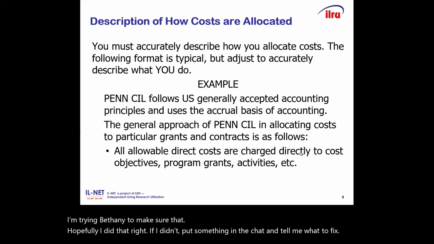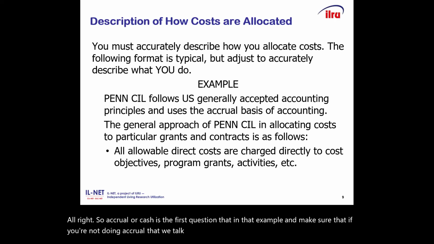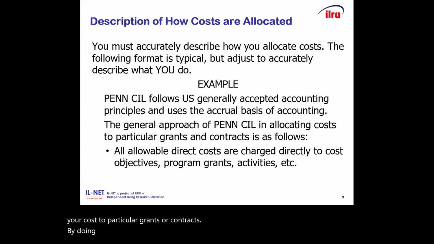All right, so accrual or cash is the first question in that example, and make sure that if you're not doing accrual that we talk about it. And then your general approach is to allocate your costs to particular grants or contracts by doing this. First, anything that's allowable and direct, you charge directly to whatever grant it is, right?